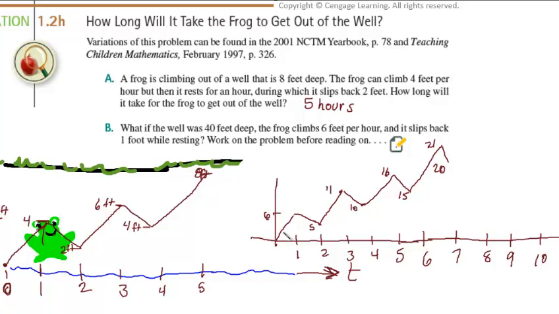So if after 7 hours I'm up at 20, that just means at 14 hours, because I just double, at 7 I was at 20, so I know that at 14 hours, I guess it'll be 13 because I'll get over it, so it'll be at 13 hours. I will be out of the hole.